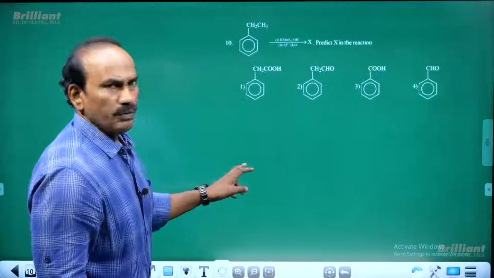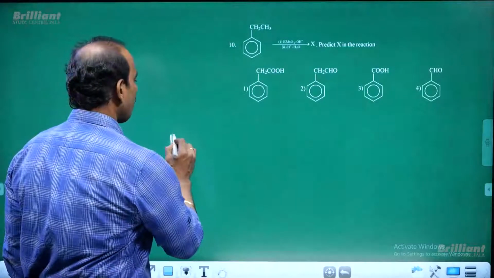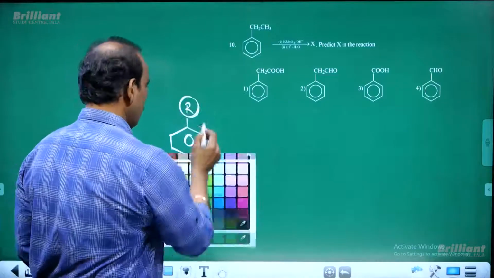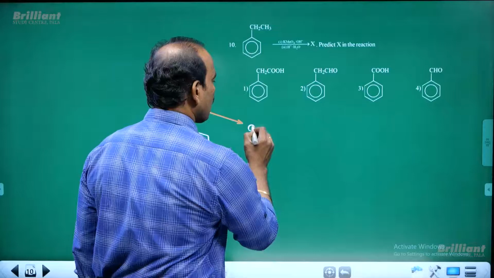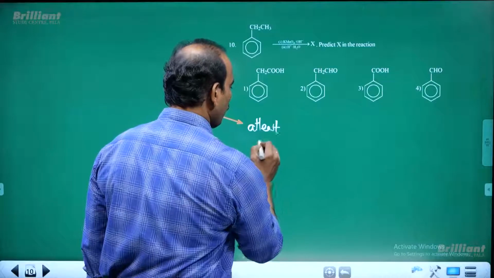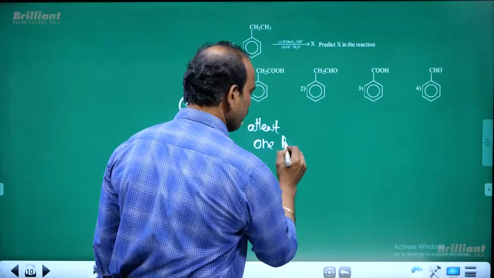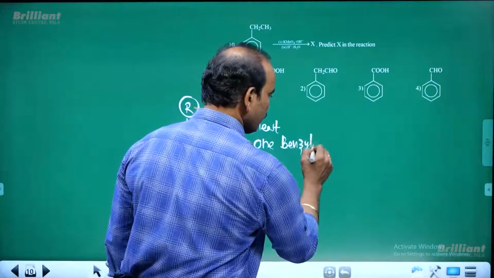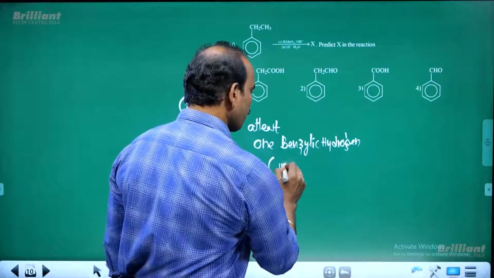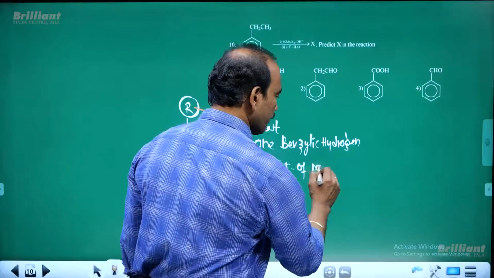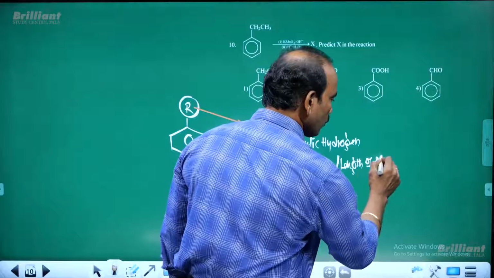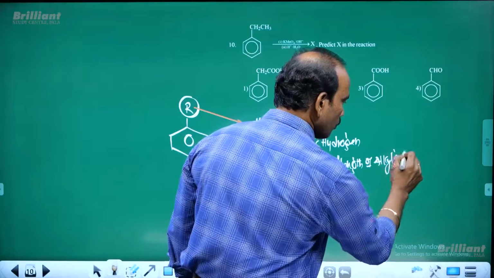Next one is a very common question. Alkyl benzene contains at least one benzylic hydrogen, irrespective of the nature or length of the alkyl group.